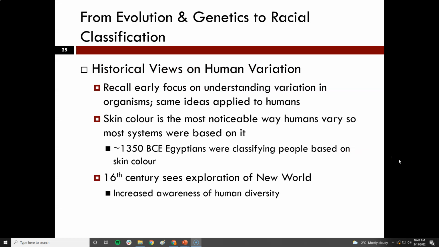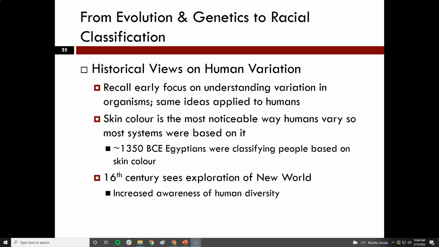So I don't want to spend too much time talking about some of the historical views, but just recall that evolutionary theory itself resulted from people just trying to understand the world around us, not just biological variation. We talked about how it was used to help classify life on our planet, but also to understand change in our environment around us and attempt to understand the relationship that organisms have with their environments as well.